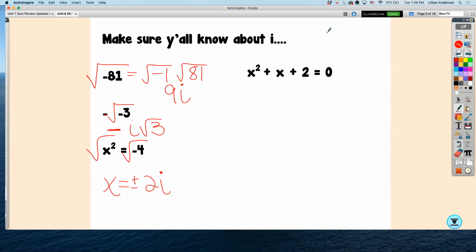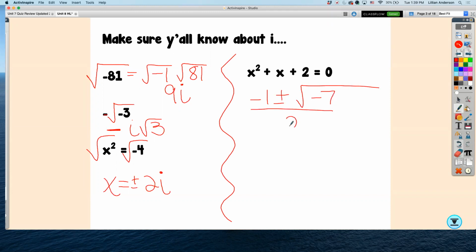The quadratic formula? Quadratic formula, walk me through it. You want me to say the formula or the... With the stuff plugged in. -1 plus or minus the square root of -7 over 2. Very good, because remember it's that b squared minus 4ac underneath, but we do need to simplify that -7 underneath the root.